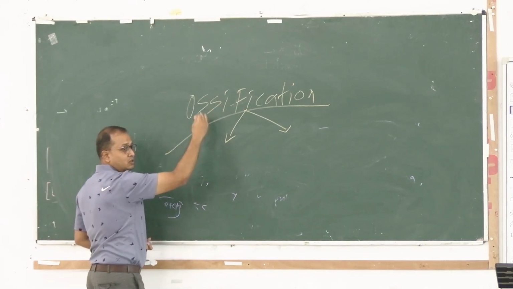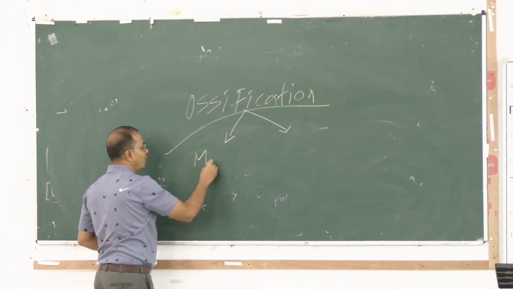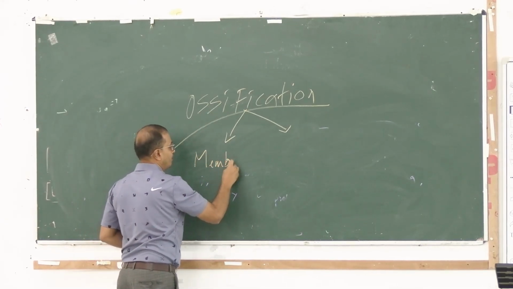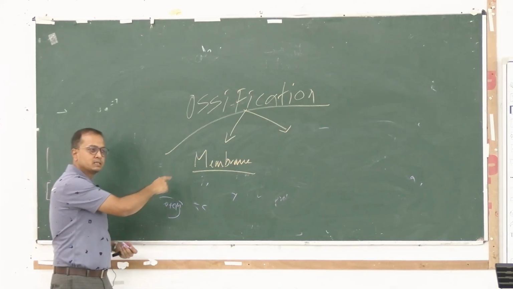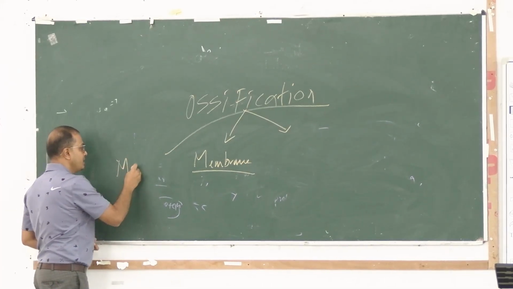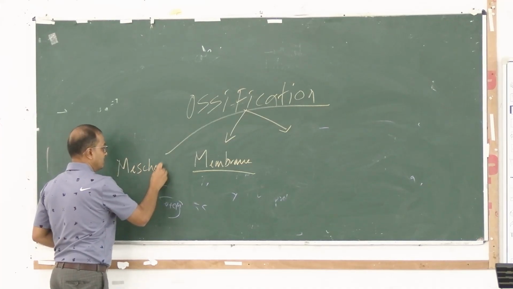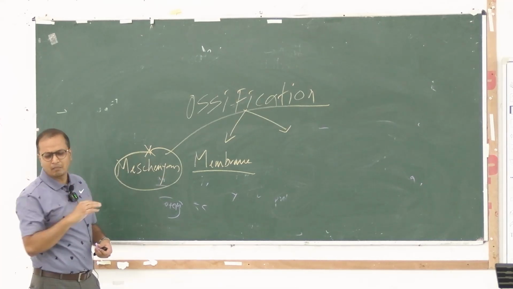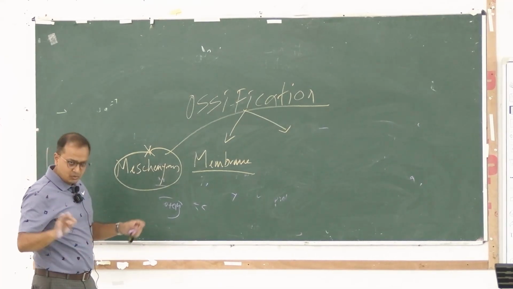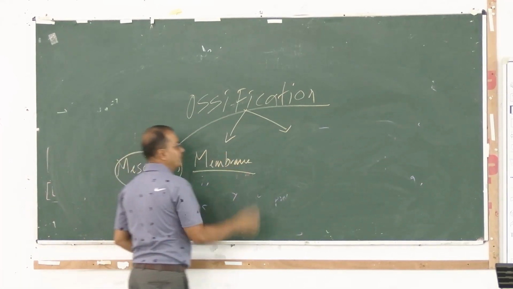The bone is formed either from membrane, which comes from mesenchyme. These are embryological elements, mesenchyme. If you cannot remember mesenchyme right now, just remember the membrane.